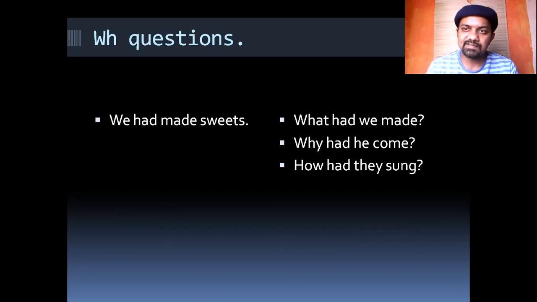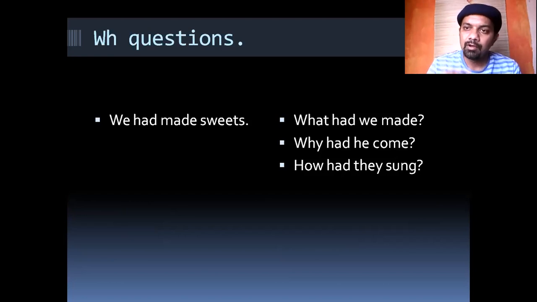Make one sentence, make 6 sentences out of that. We had made sweets. He had reached. Had he reached? He had not reached. Had he not reached? How had he reached? When had he reached?